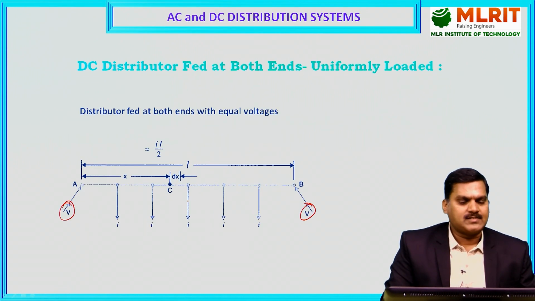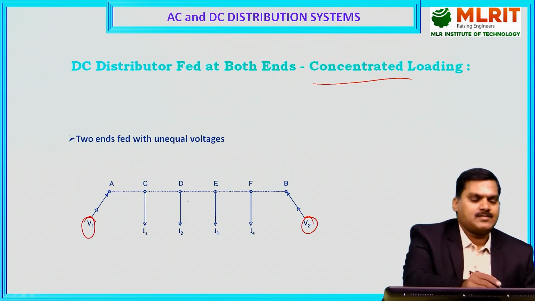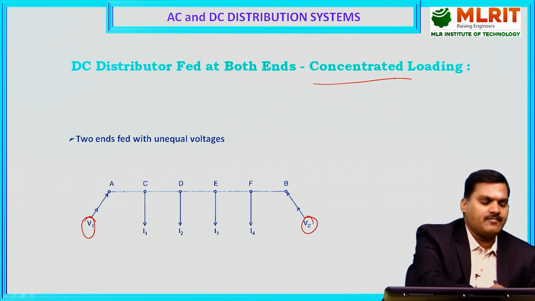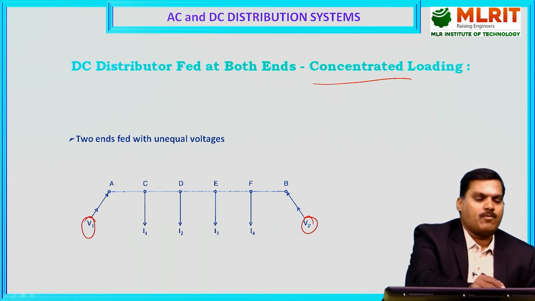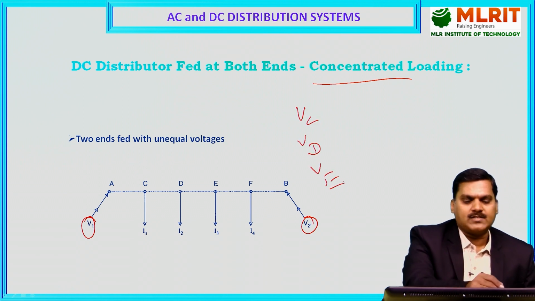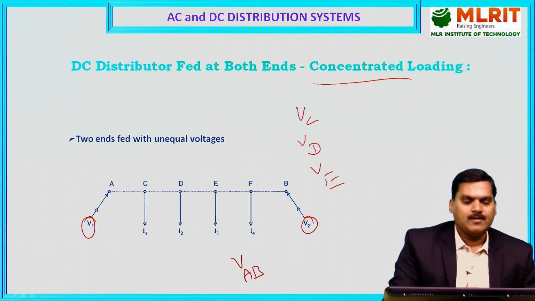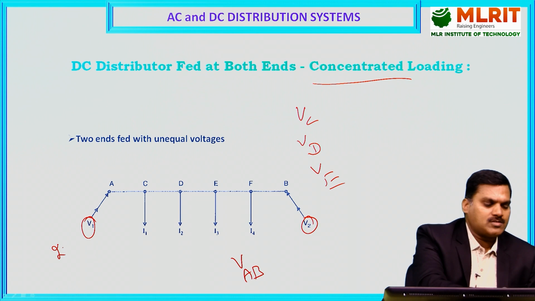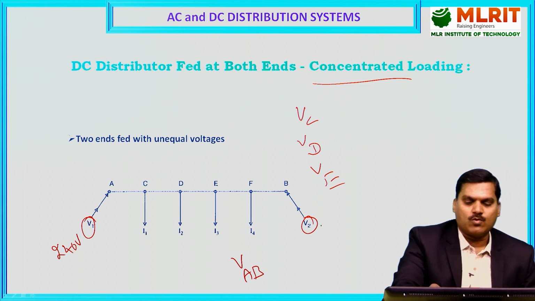So for all these cases, we have to calculate voltage at different levels. That means, what is the voltage we feed, V1 at point A. We have to calculate VC, what is the voltage at point D, voltage at point E, and what is the voltage drop between A and B. If you supply a 240 volt supply here, how much voltage comes up to here, whether it is 220 or 239, like that.